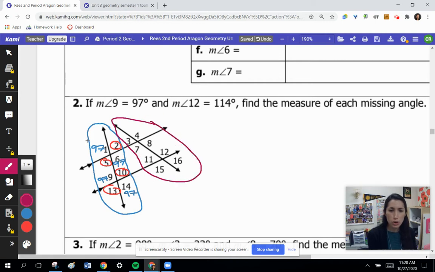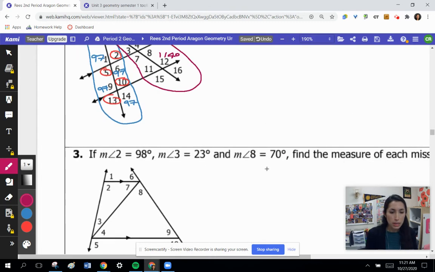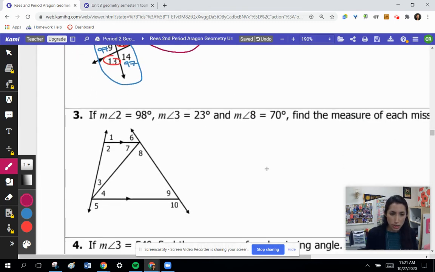So we've got angle 12, that's 114 degrees. So you should be able to identify 3 other angles that have that same angle relationship of 114. Okay, and then you should be able to find the other angles by creating a linear pair or identifying them as supplementary.